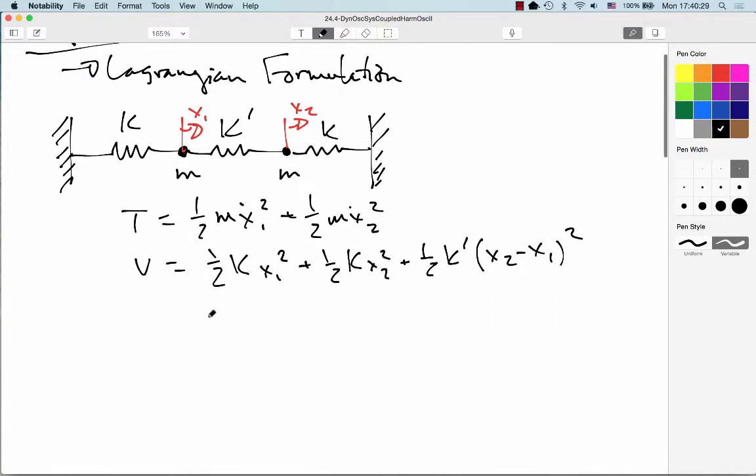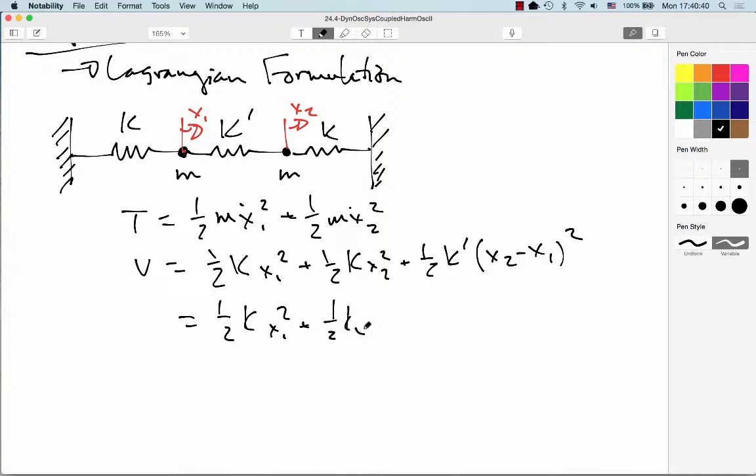This is usually what gets called a coupling term here. Alright, so let's go ahead and expand that out. 1/2 k x1 squared plus 1/2 k x2 squared, because we're looking to get this into a matrix formulation again, plus 1/2 k prime.